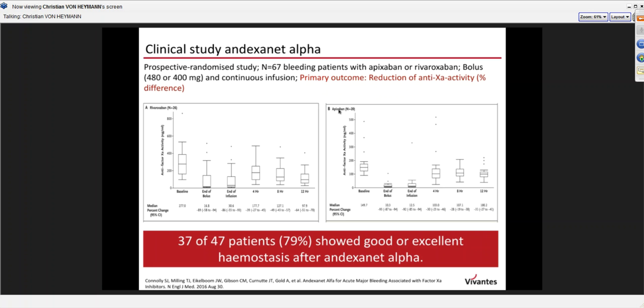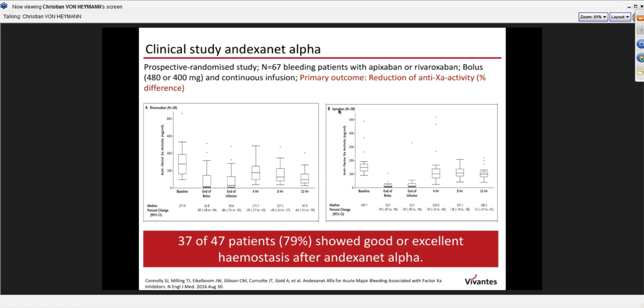I would say if the patient is stable, if he is not bleeding, if he is not requiring catecholamines, if he's not requiring any kind of transfusion, I would say there is no reason in treating these patients with a reversal agent. Observe this patient, try to keep the kidneys going, and they will eliminate the drug.